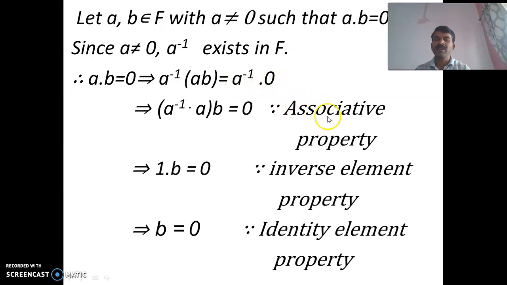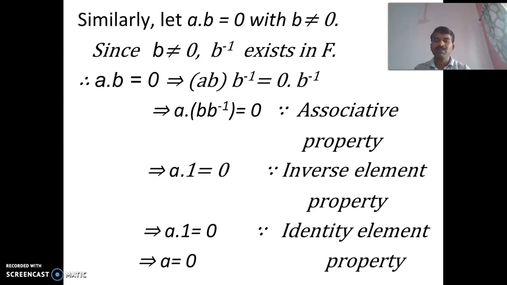By the associative property, A inverse A into B equal to 0. A inverse A is 1, by the inverse element property, so 1 into B equal to 0. That means B is 0.